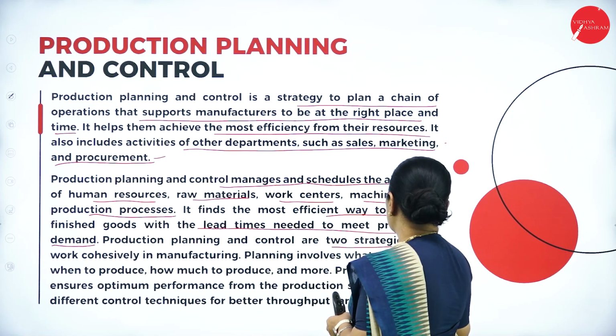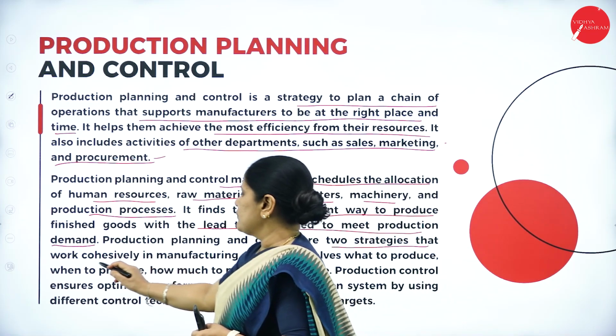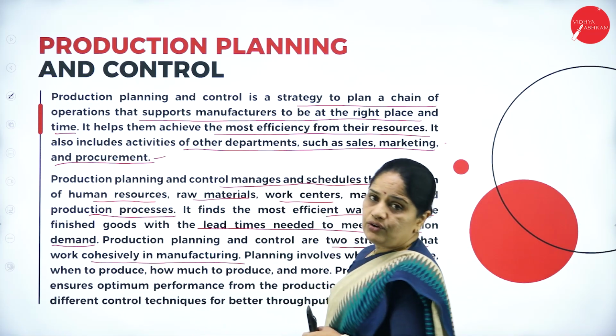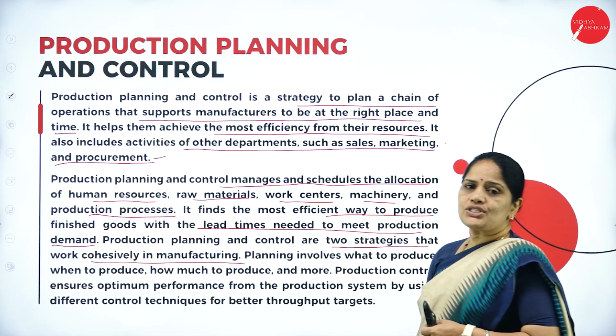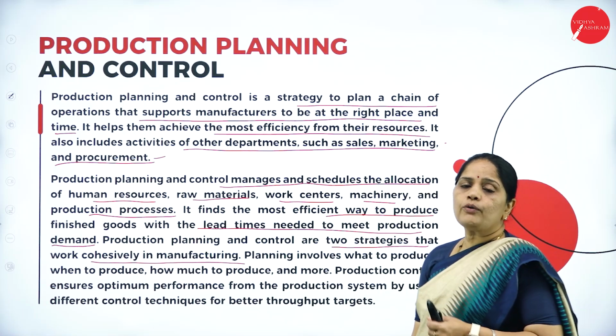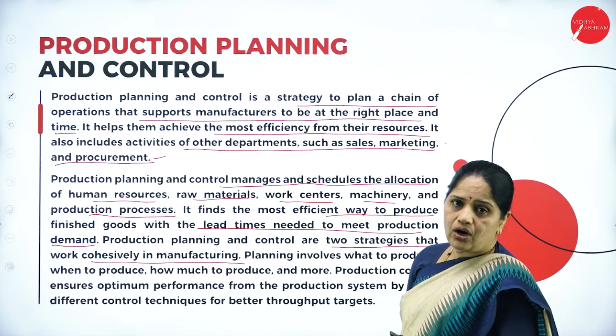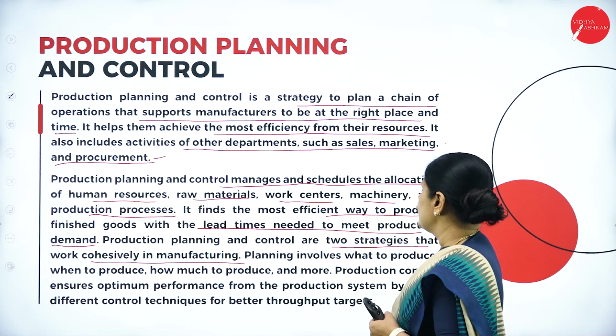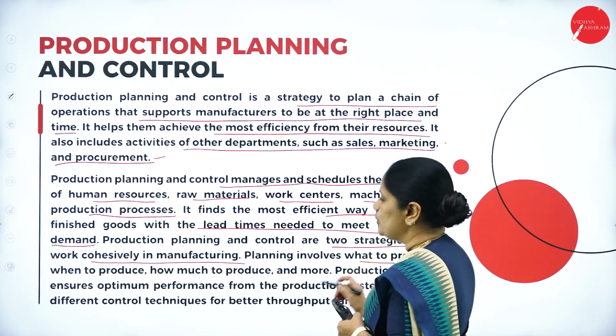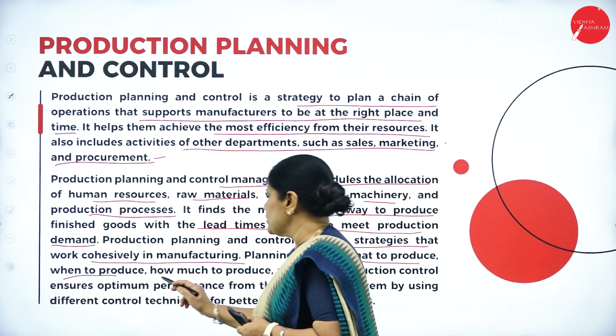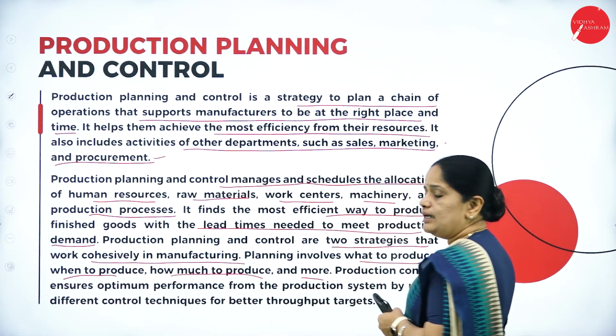Production planning and control are the two strategies that work cohesively in manufacturing. So in a manufacturing sector, we need to have proper production planning and control. Otherwise, we cannot run the production house. It involves what to produce, when to produce, how much to produce and more.